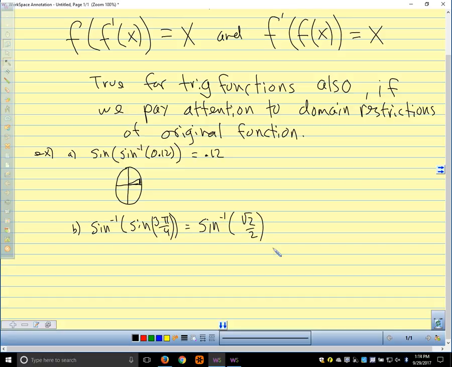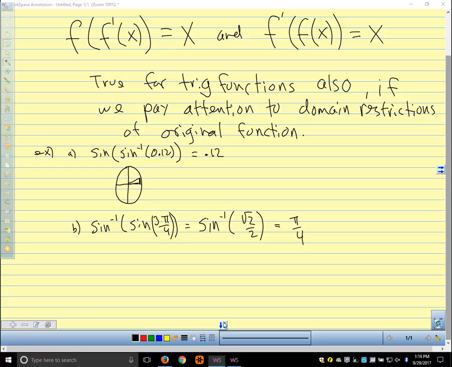Now we want an angle whose sine is square root of 2 over 2, and that angle needs to be between negative pi over 2 and pi over 2. Pi over 4. So our angle that we get out of this inverse sine function has to be between negative pi over 2 and pi over 2.